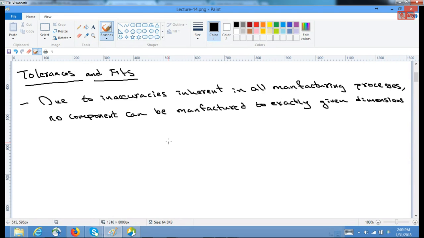Hence, we will have certain kind of deviations from the given size.